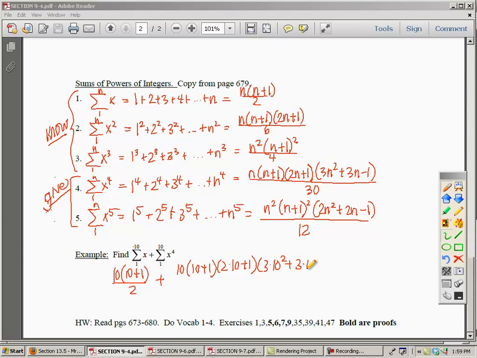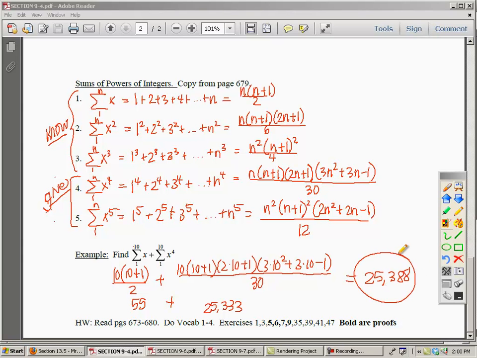This is crazy, right? Thankfully, this is all calculator based, because if it weren't, we would be in trouble. This gives you 55. This one gives you 25,333. So my total is 25,388.